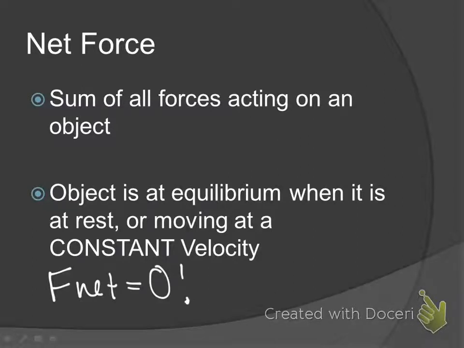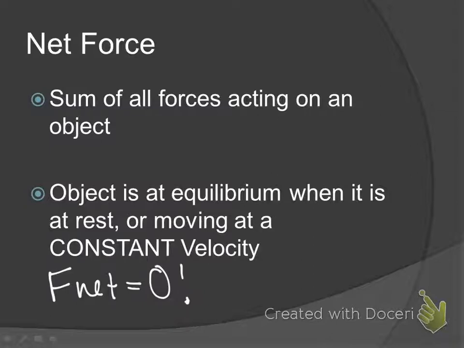Okay, so when an object is at equilibrium, we have to know that our net force, which is labeled F sub net, that's our net force, the sum of the overall forces, is equal to 0 when an object is at equilibrium, so when it's at rest, or when it's moving at constant velocity, our net force is equal to 0. That means all the forces acting on it are canceling each other out.